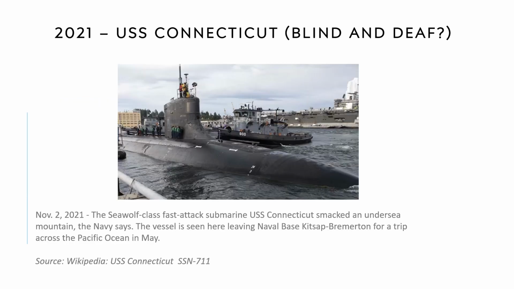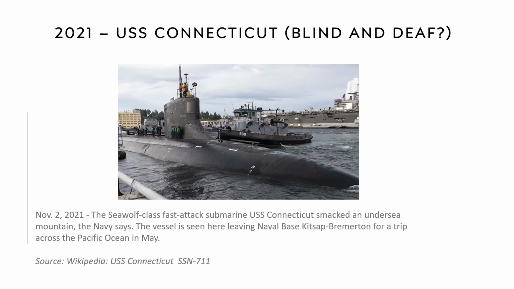A more recent example, in 2021, this is the USS Connecticut, which had to go back to port. It's a fast attack submarine, USS Connecticut, smacked into an undersea mountain. This was a Seawolf class fast attack submarine that had ludicrously accurate map of what the seafloor looked like, and equipment that would detect how far away it was to the seafloor all the time.